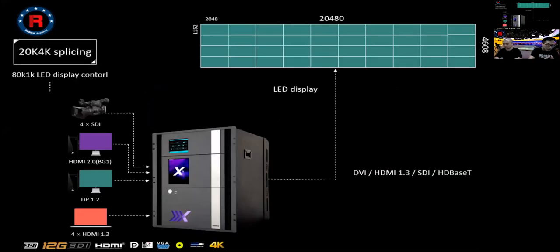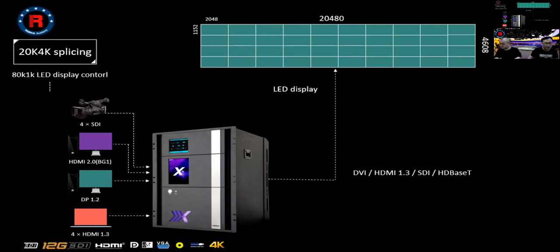As we know, X40 has 40 outputs, so you can use them for spacing of 80K by 1K. But as we know, none of us will use this kind of spacing as it's too wide for us. But you can also do spacing of 20K by 4K, as it is always applied in the broadcast industry.